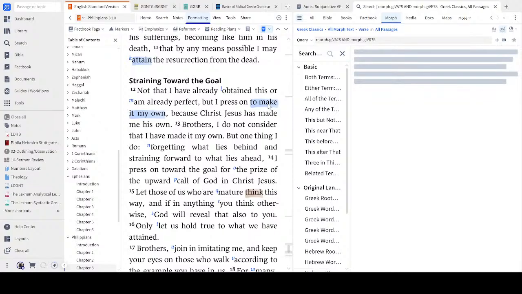So once again the aorist has this snapshot feel of Paul's viewpoint. He's talking about how he has not already attained perfection, but the snapshot of Paul's life is that he wants to make what Christ has given him his own.